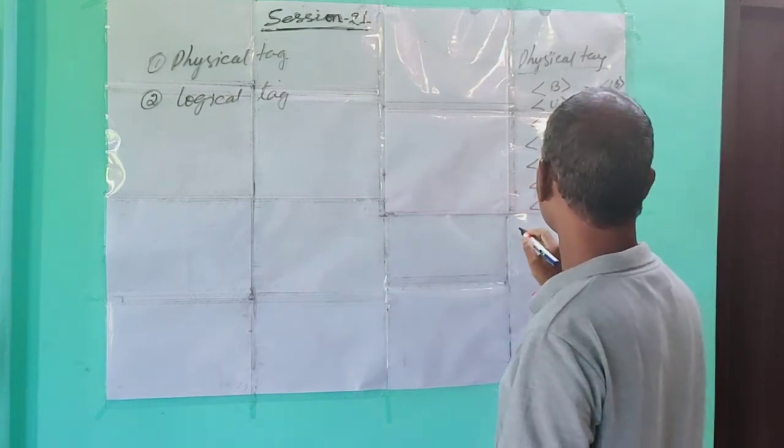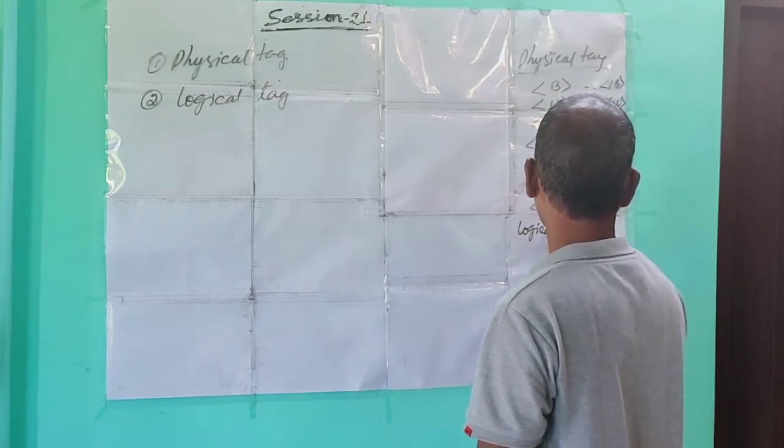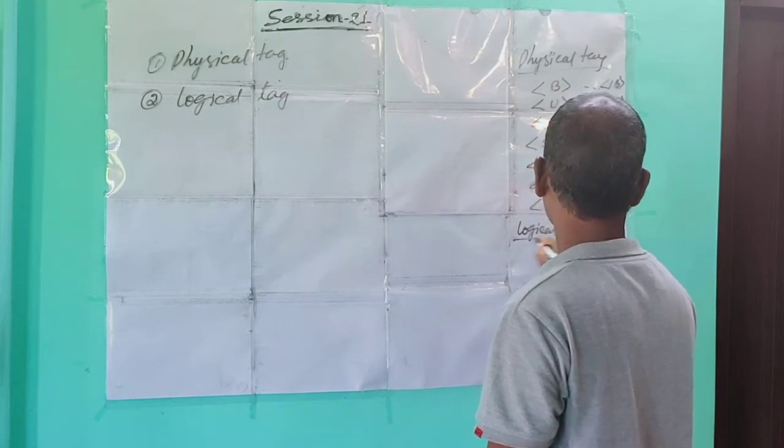So what comes under the category of logical tag?